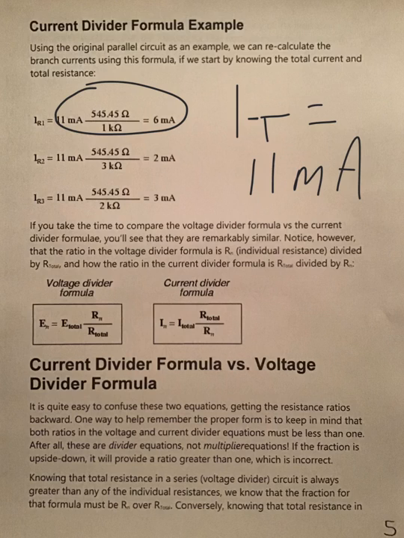And they take it and they divide it by the total resistance, which is 545.45, divided by 1,000. It shouldn't surprise you that the answer is the same using a different technique. We are using the current divider to do the calculations, and you'll see that all three of these currents are exactly the same using a different formula.